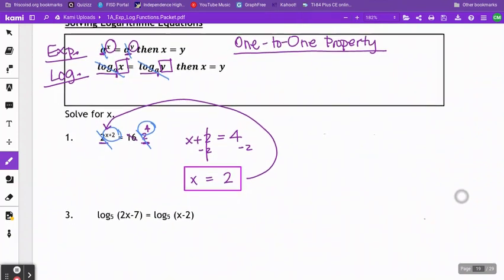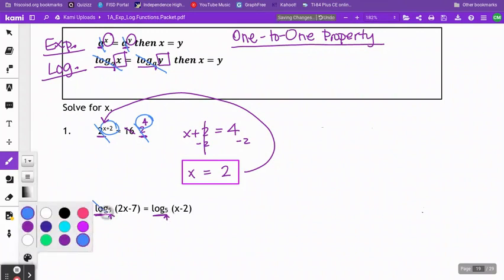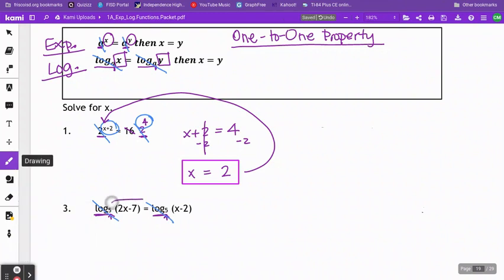So now the one-to-one property for logarithms. I have one log equal to another log. They both have the same base. And so I am able to basically cross out the logs and just focus on each argument, set them equal to one another, and then solve the equation.